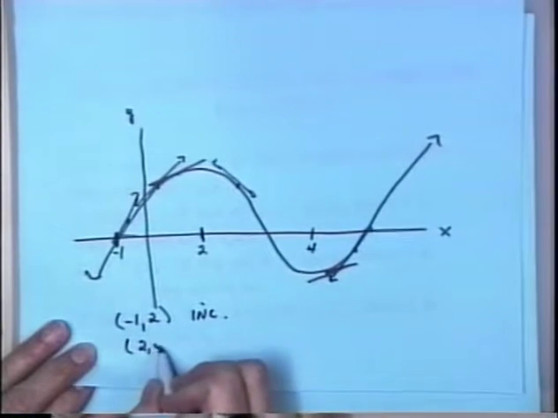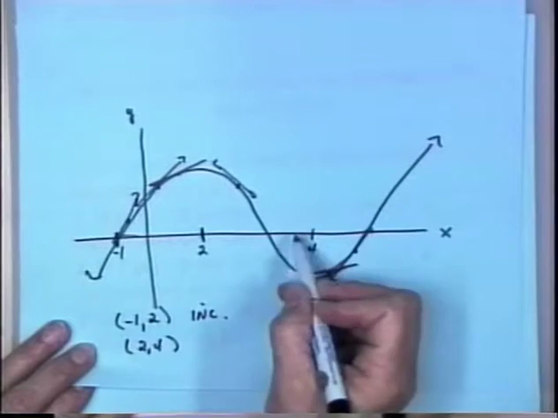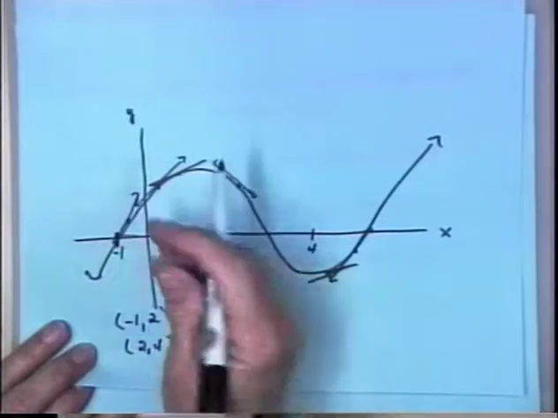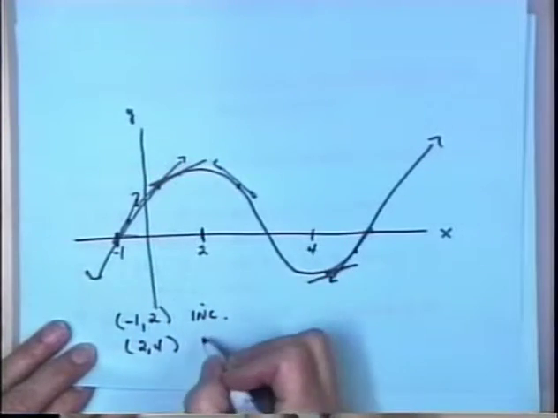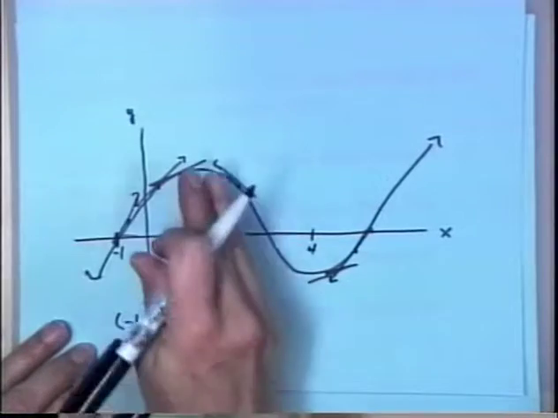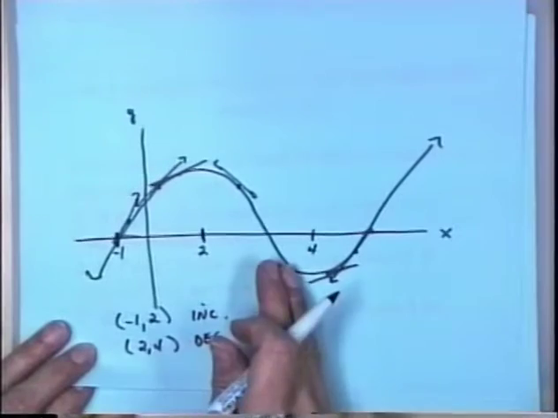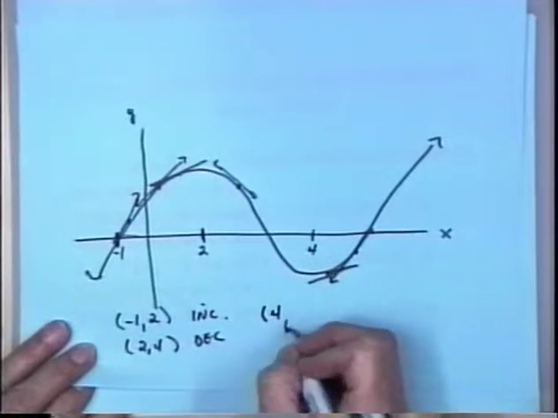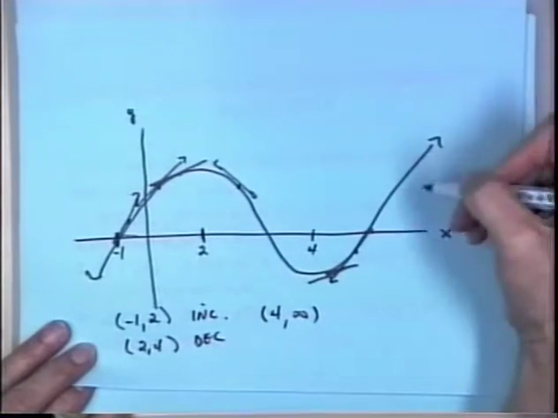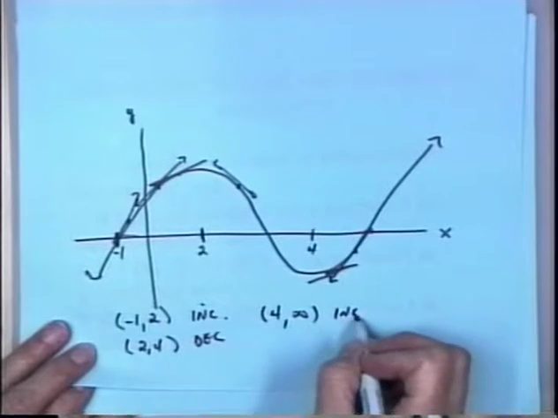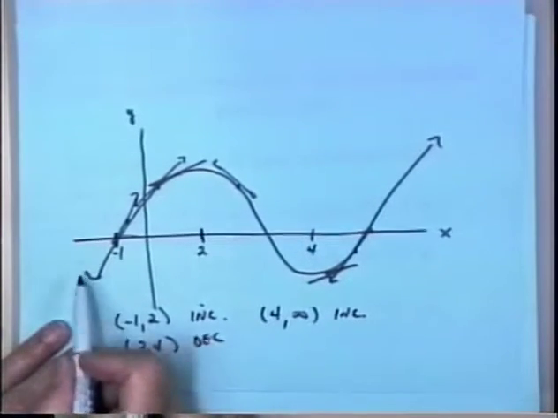From 2 to 4 on the x-axis, my curve is coming down. So I am decreasing there. My derivatives would all be negative because those tangent lines have negative slope. Then finally, from 4 to, I'm just going to say infinity here, assuming this keeps going up, my curve is increasing again.